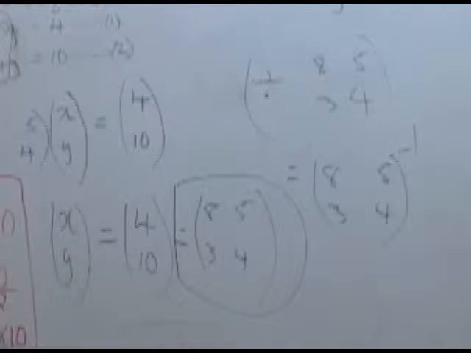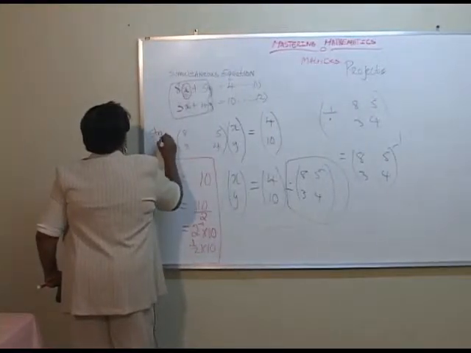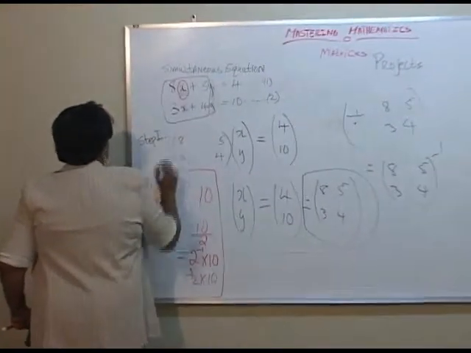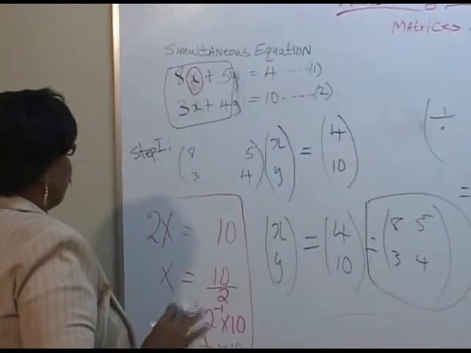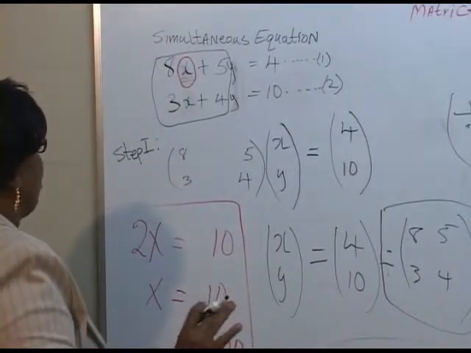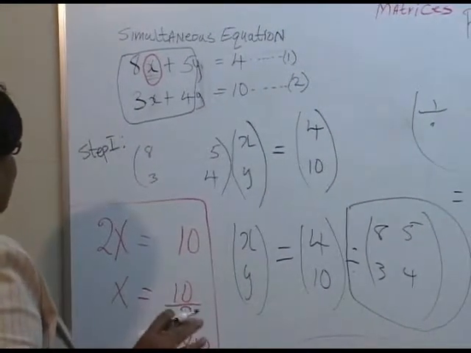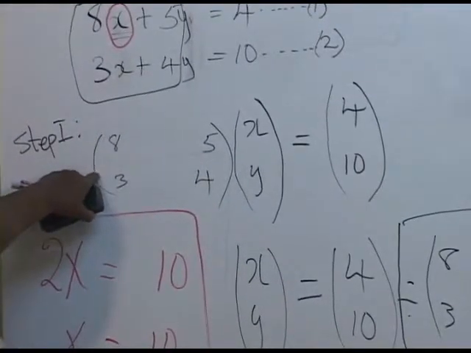So let's go again. Step 1, transform the original simultaneous equation into matrix form. How do we do that? We just take out the coefficients of our variables and write them to form our 2 by 2 matrix.